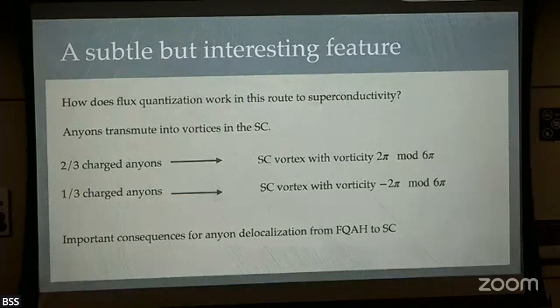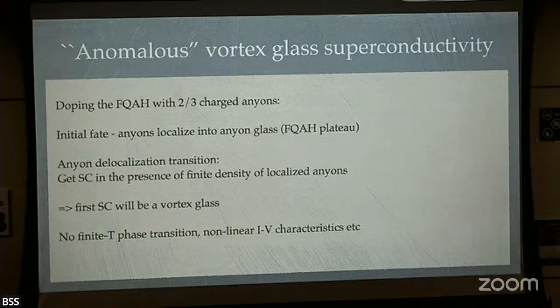understanding has some very subtle but important consequences for this anyon delocalization transition out of the fractional quantum anomalous Hall state in a disordered system. Okay, so in a disordered system, what will happen is that if you go exactly away from 2/3, the first anyons that go in are going to localize, right? And that's what gives you the finite width to the quantum Hall plateau.